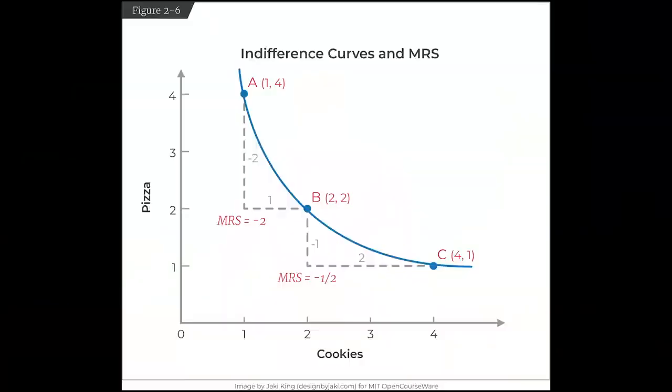Okay? So as you move along the indifference curve, you're more and more willing to give up the good on the x-axis to get the good on the y-axis. As you move from the upper left to the lower right on that indifference map, figure 2.6, you're more willing to give up the good on the x-axis to get the good on the y-axis.